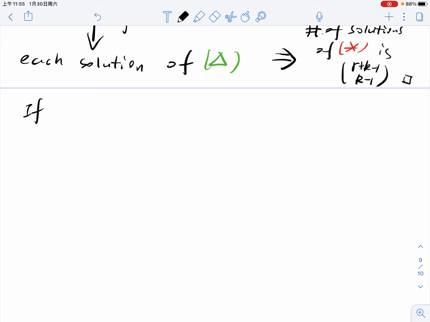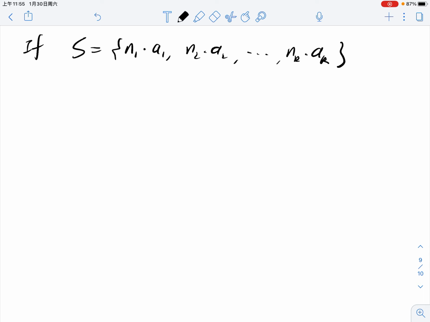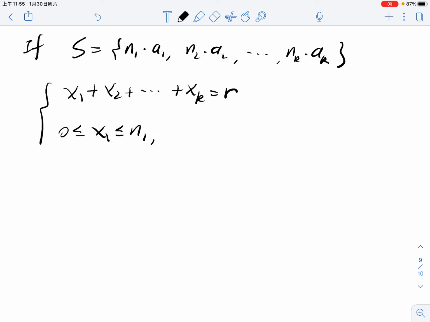And in general, if you don't have infinitely many ones, in other words, if S is n1 times a1, n2 times a2, up to nk times ak, then you will have a problem: x1 plus x2 plus all the way to xk equals r, and then the restriction on x1, x2 and so on will be two-sided.